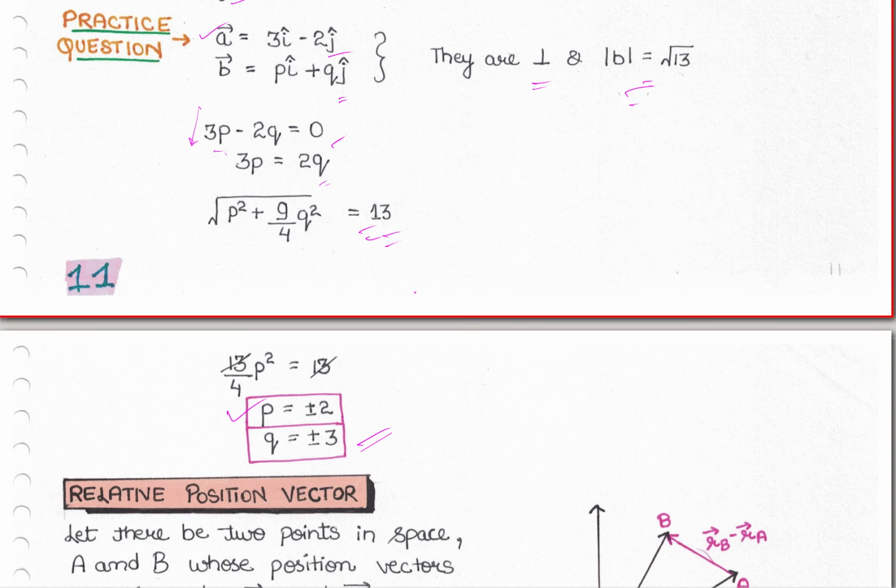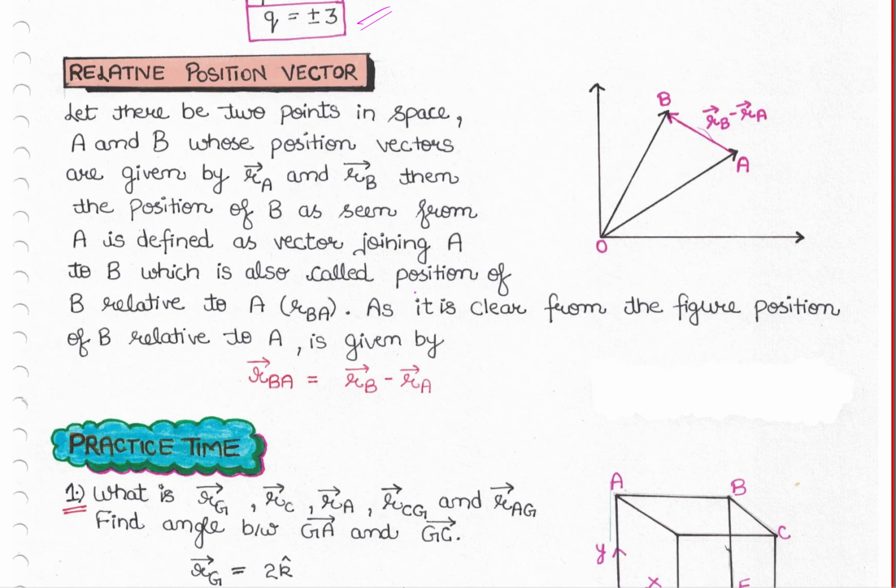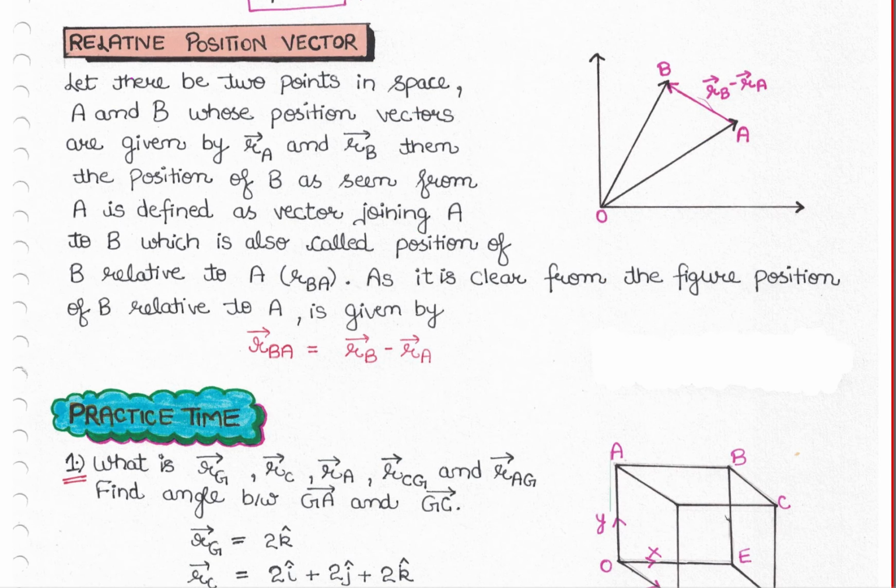Okay, now the relative position vector. Let there be 2 points in space A and B whose position vectors are given by RA and RB. This is point A, this is point B, and this is our initial point or origin, and this vector is RA and this vector is RB.